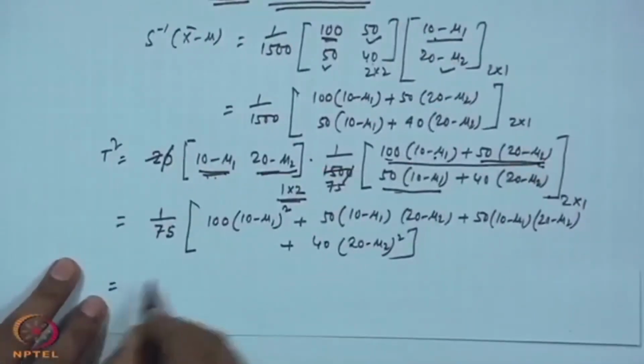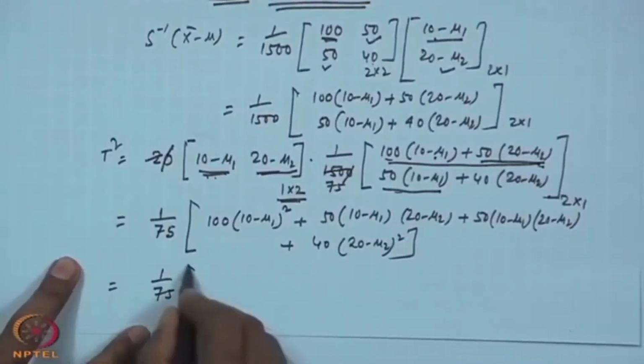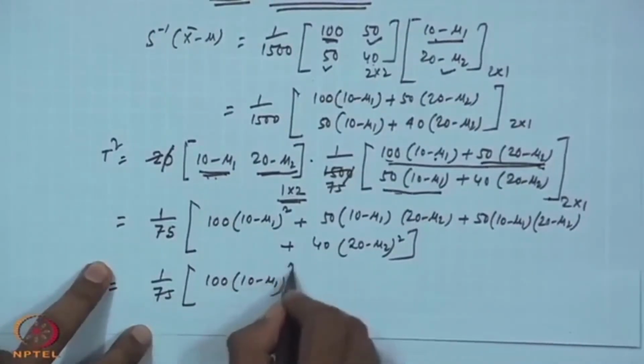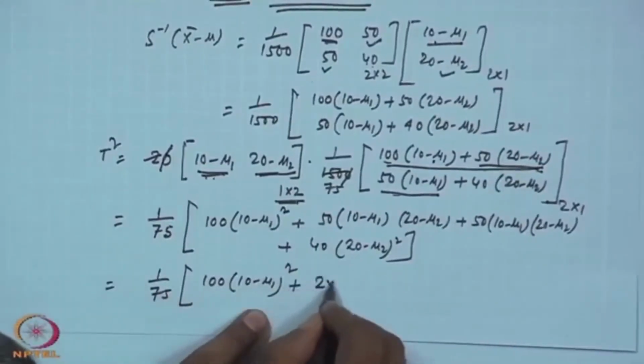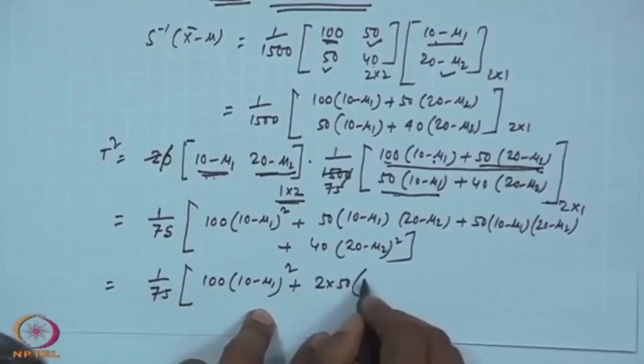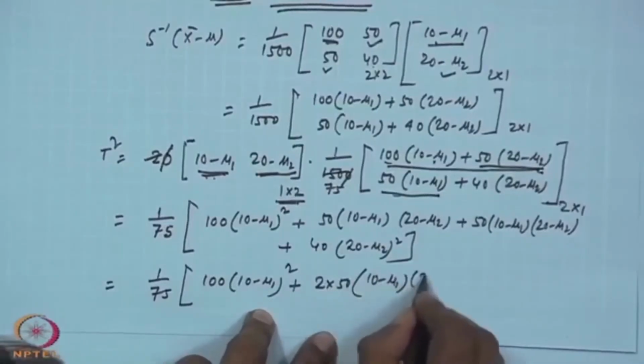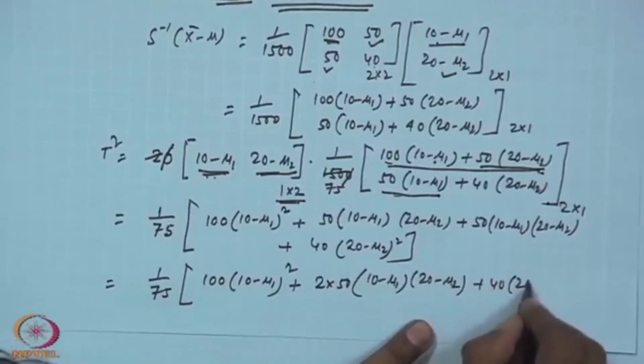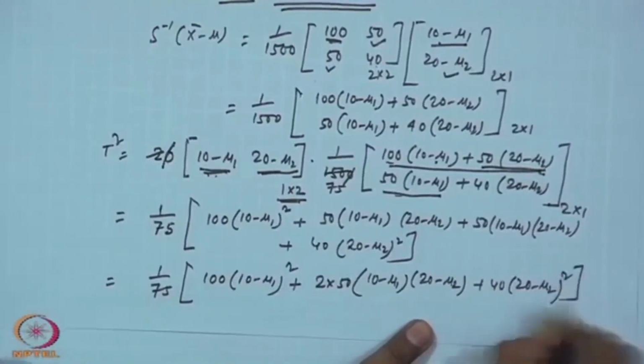So, the total will be 1 by 75, 100 (10 minus mu 1) square plus 2 into 50 into (10 minus mu 1)(20 minus mu 2) plus 40 (20 minus mu 2) square.